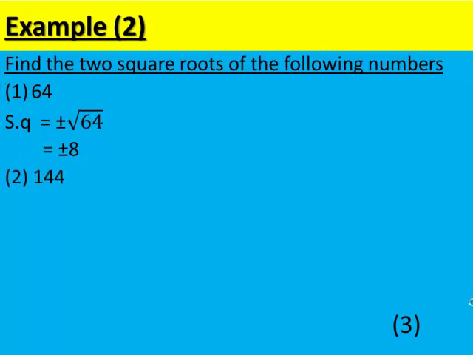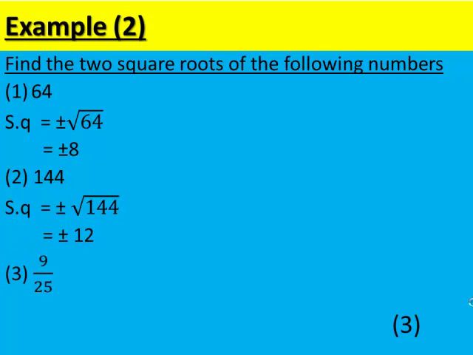For example, number 2, the square root of 144 equals positive or negative square root of 144, which equals positive or negative 12.